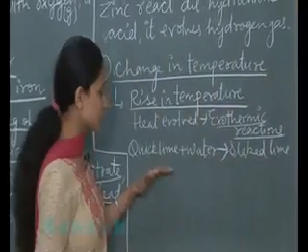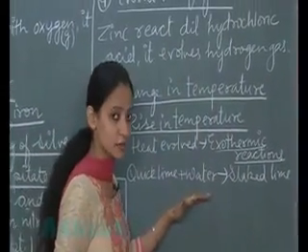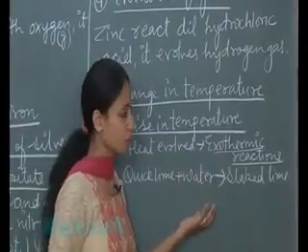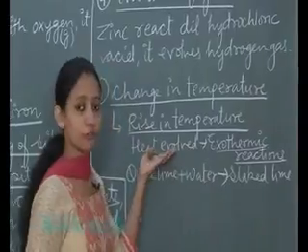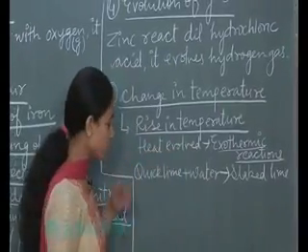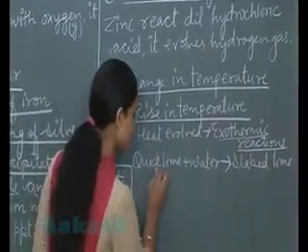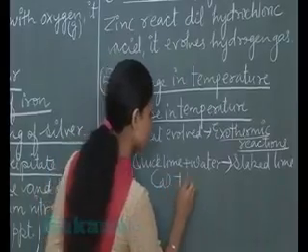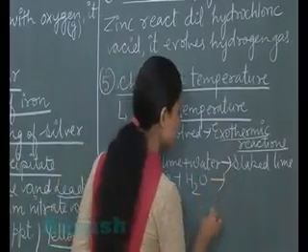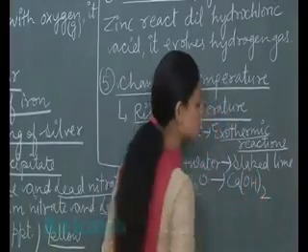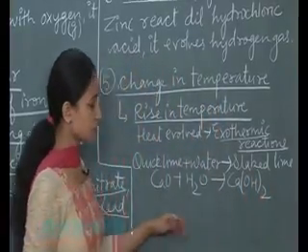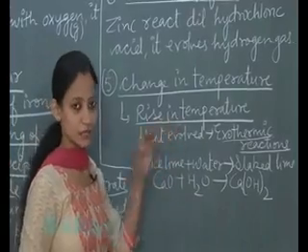That means if the reaction between quicklime and water has taken place, then the beaker will turn warm because of the formation of slaked lime and the evolution of heat. Moreover, we know that the chemical formula of quicklime is calcium oxide. It reacts with water to give slaked lime, which has the chemical formula calcium hydroxide. So students, if the reaction has taken place, there will be a rise in temperature.